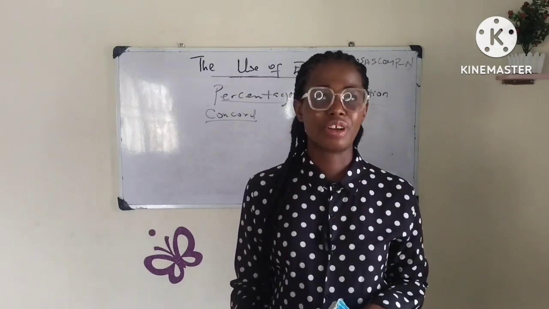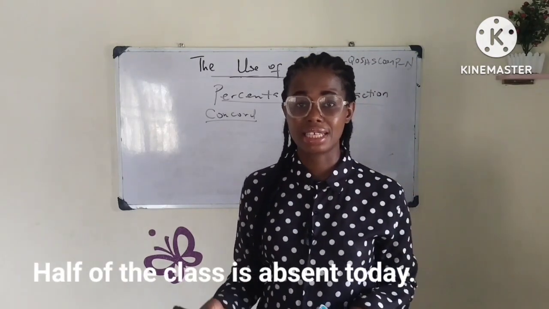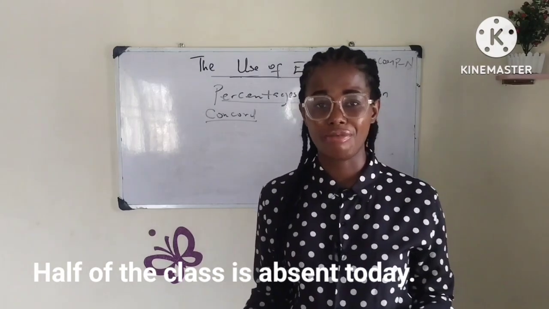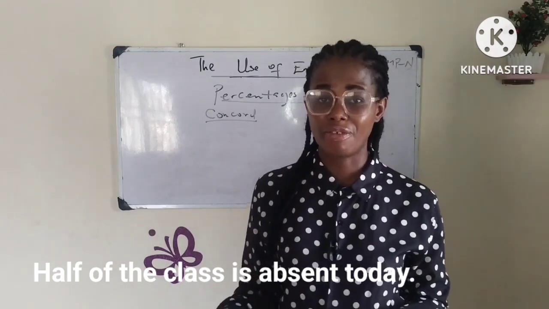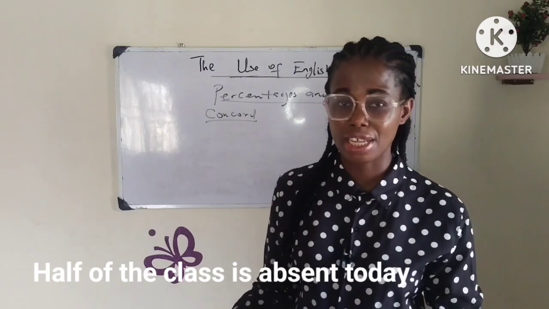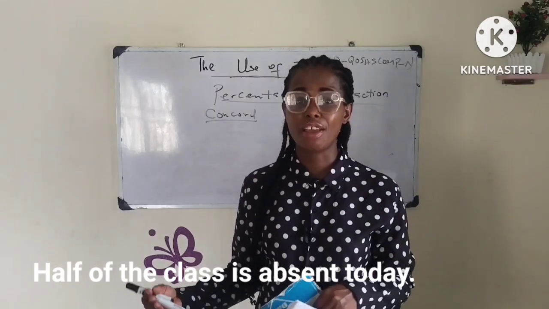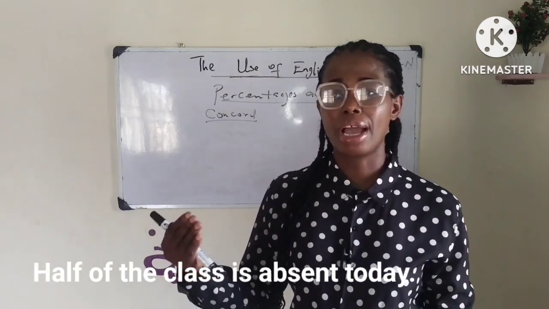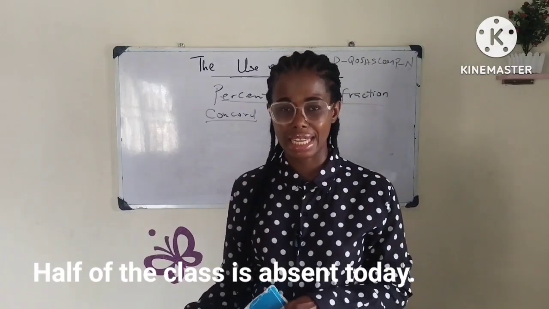Now let's say for example, half of the class is absent today. Half is a fraction, right? Half of the class is absent today. So we have class. Class is a noun.